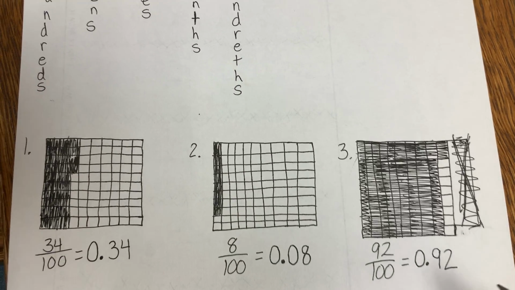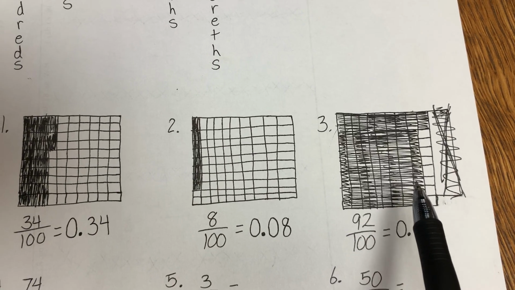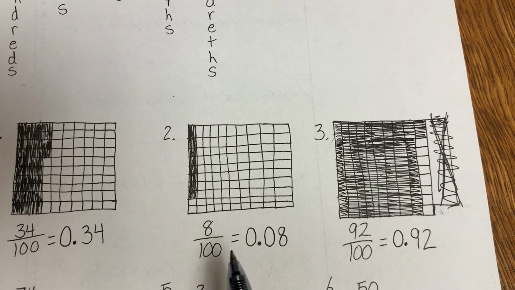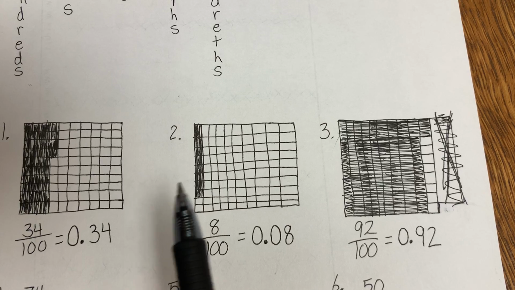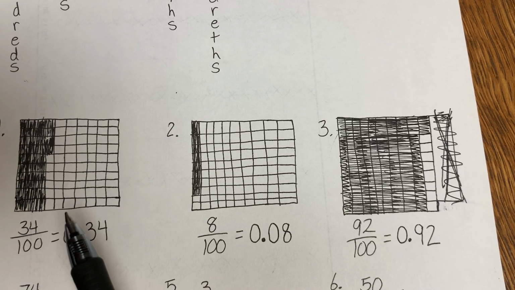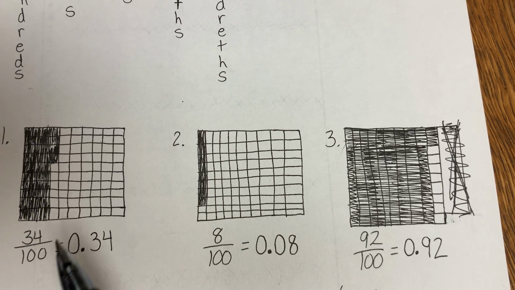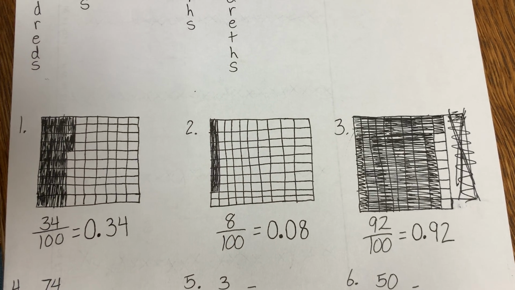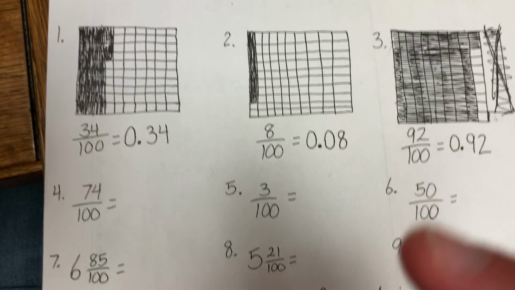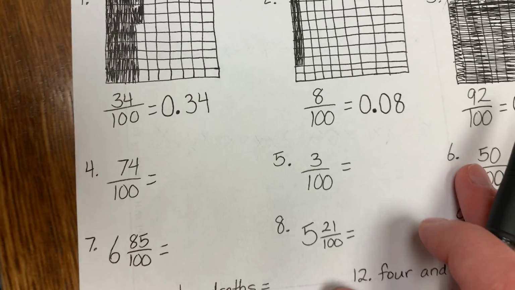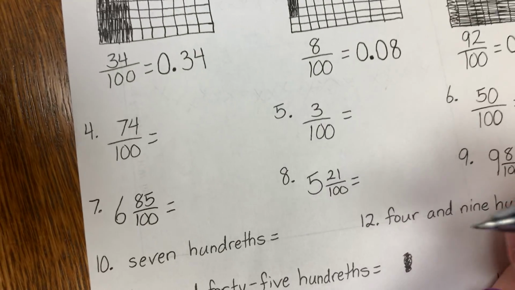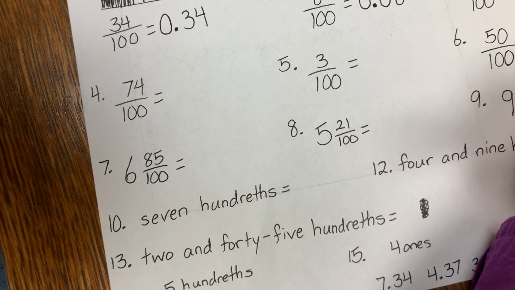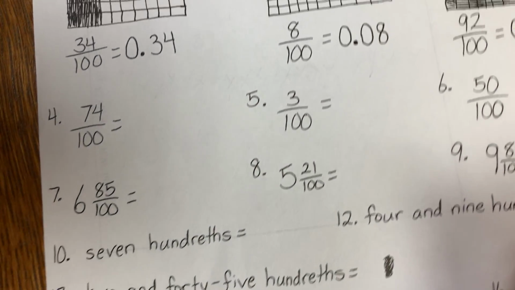And you can tell from these 3 figures the 92 hundredths is bigger than 8 100ths, and 8 100ths is less than 34 100ths, because you can see with what we have shaded in. Okay? All right, number 4 says to write the decimal point that matches the fraction.